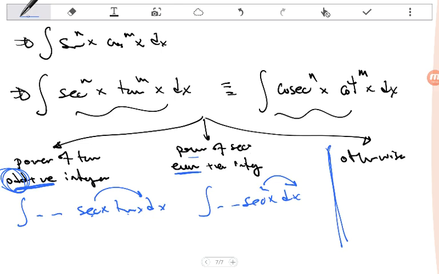For example, if I had the integration of tan power 3x sec x dx. Now I have the power of tan is odd. Whenever I have tan power some number and sec power some number, I look for an odd power for the tan or an even power for the sec.